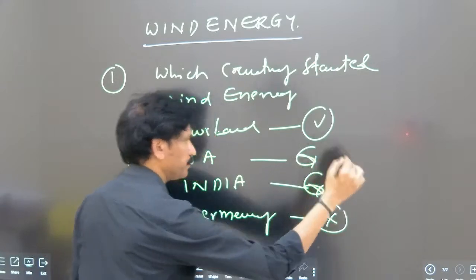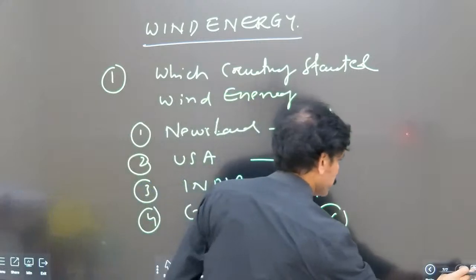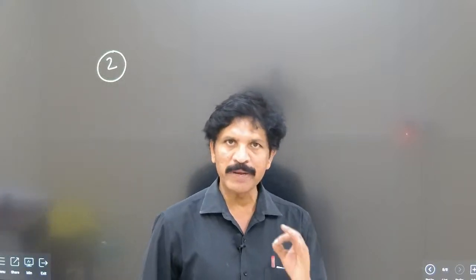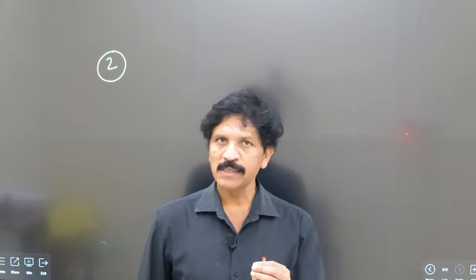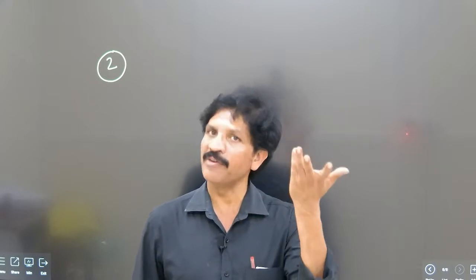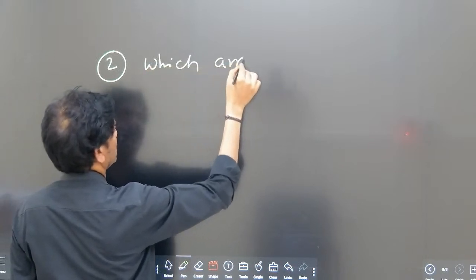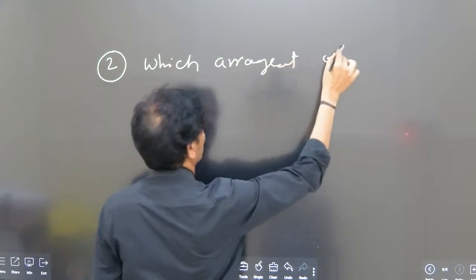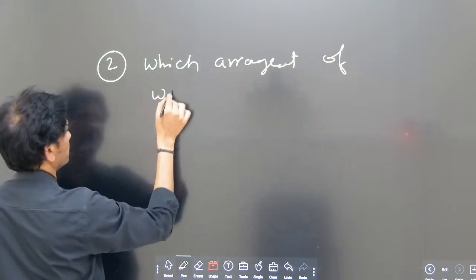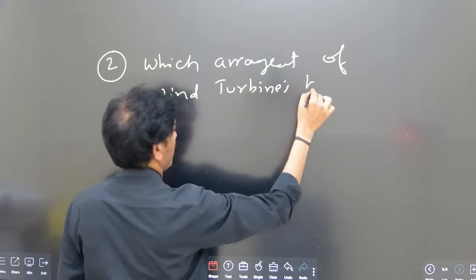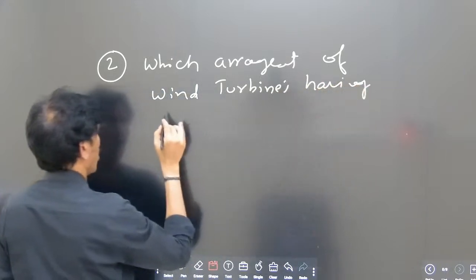And wrong answer. Next question in wind energy. Question number 2. The arrangement of the wind turbines, which of the following is having the high efficiency? I am going to write the question here. Which arrangement of wind turbines has high output?